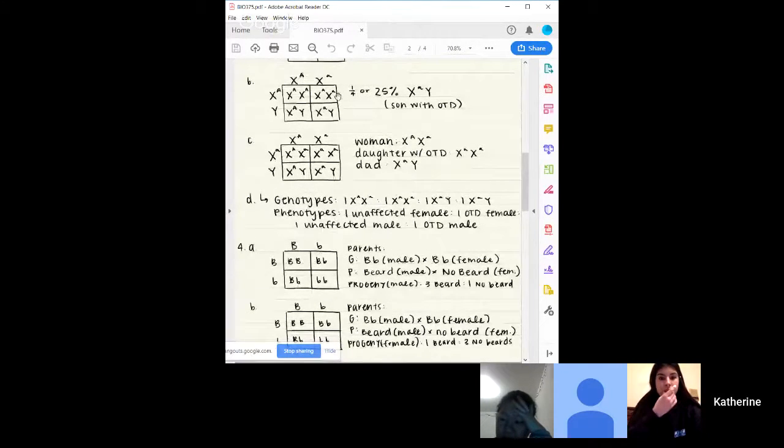And then I crossed it with an X dominant male and got 1/4. Do you think it would be a 50% chance, since there's only 2 male offspring, so one of the 2 male offspring would have the disease, if that makes sense?